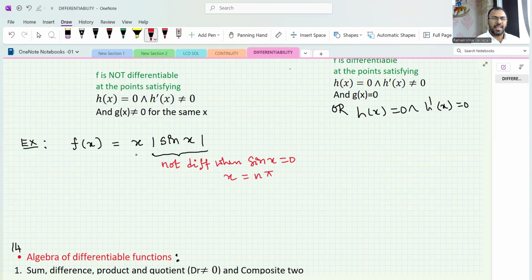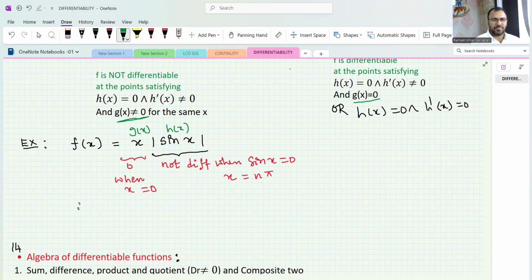But this is 0 when x equal to 0. So here you see that g of x is 0. You can assume that this is the g of x function and this is the h of x function. Whenever g of x equal to 0, that becomes a differentiable function. So eliminate x equal to 0, and for the rest of the points, g of x is not equal to 0.